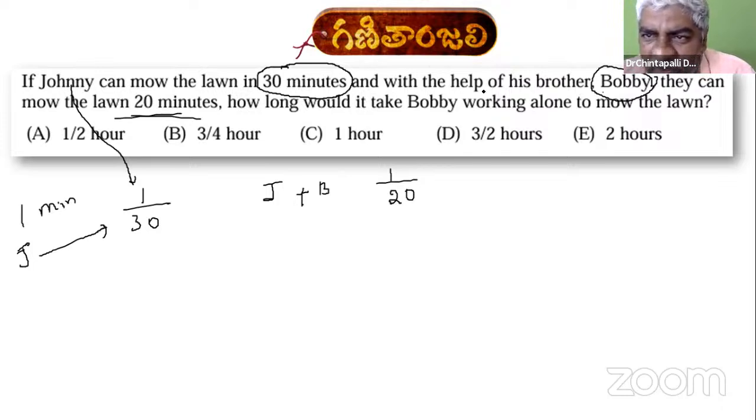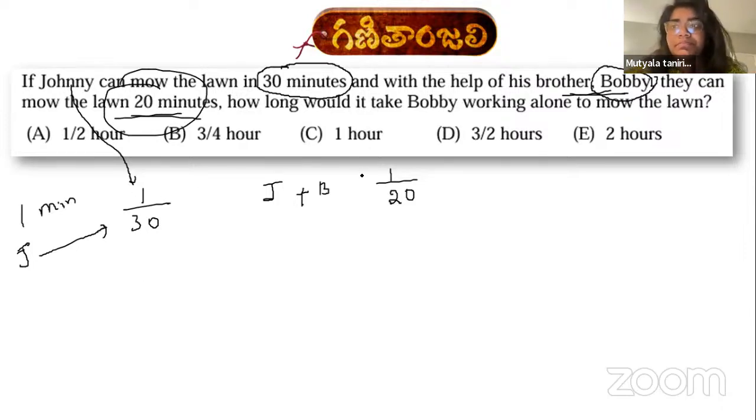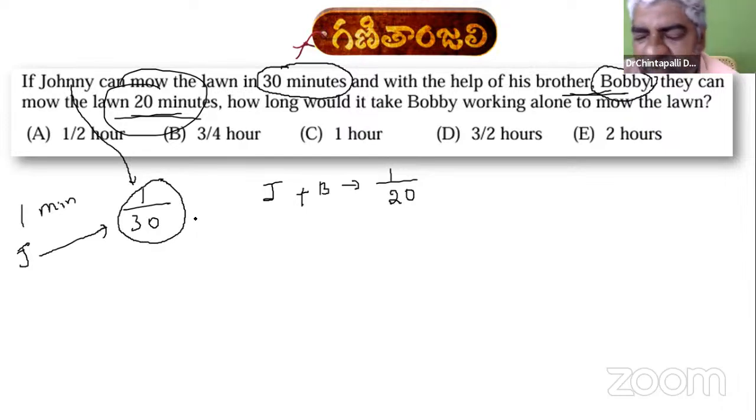With the help of his brother Bobby, they can mow the lawn in 20 minutes. That means Johnny plus Bobby will complete 1/20th part of the work in 1 minute. Johnny individually completes 1/30th work.